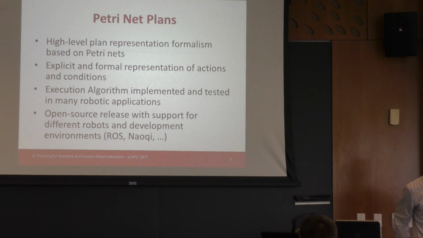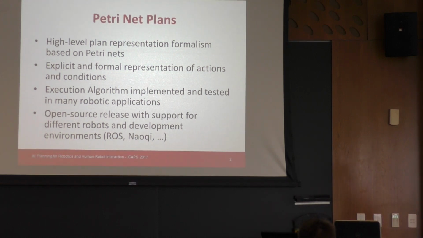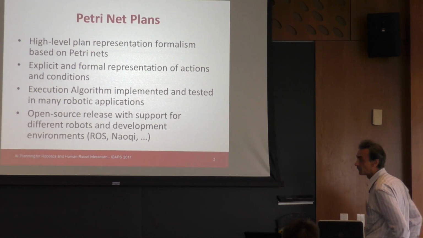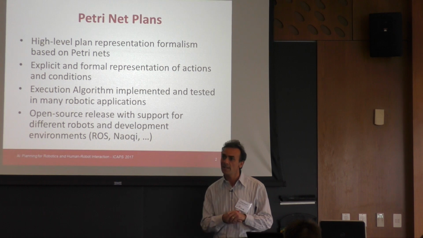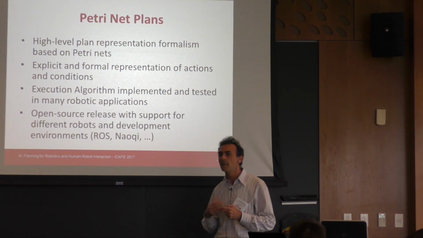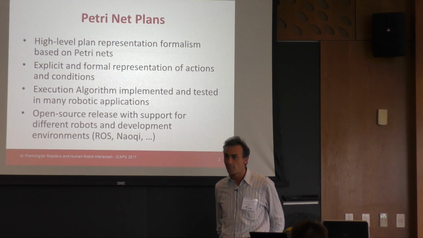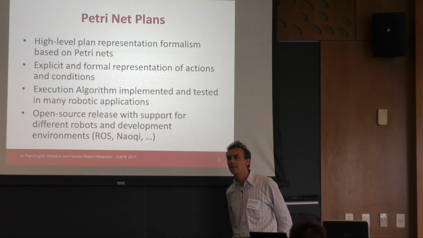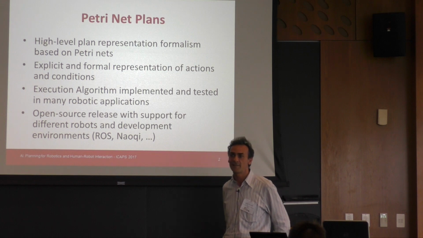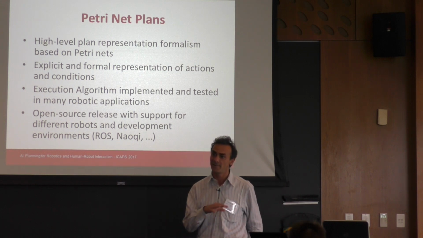Okay, so in this third part we'll talk more about execution, and in particular by using the PetriNet plans formalism. It is a formalism that we use in many applications for describing plans for robots, and also for other domains. So PetriNet plans is a formalism for plan representation, so it's not a planner.